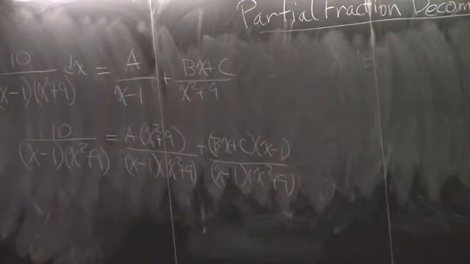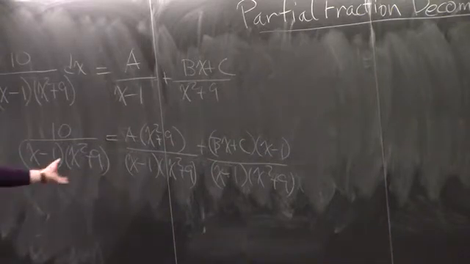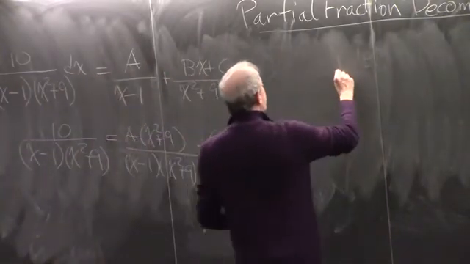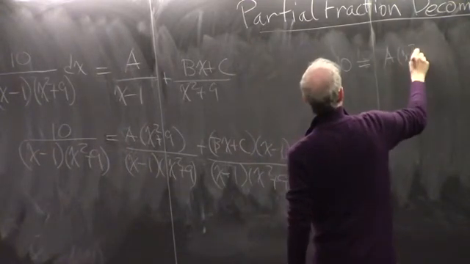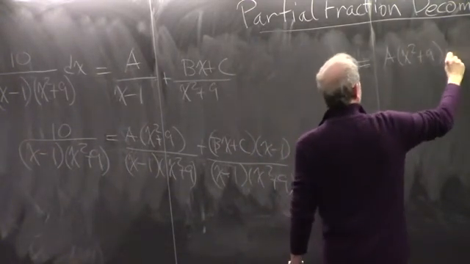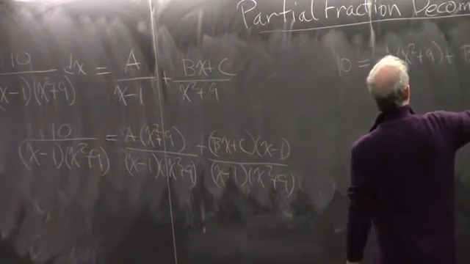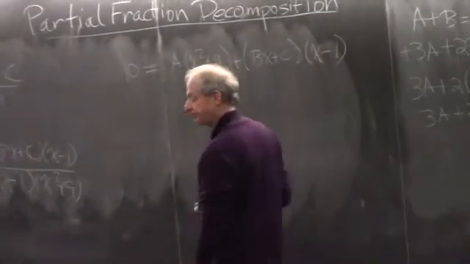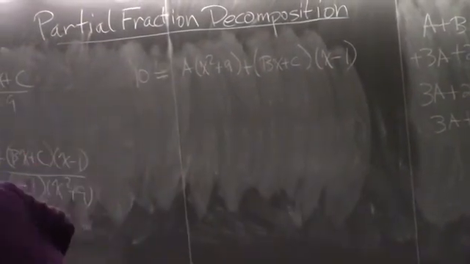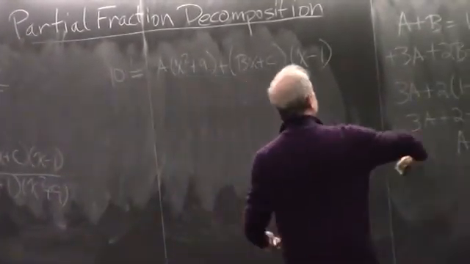So again, the numerator is slightly different on one of the rational expressions. So throw out the denominators, and you get 10 equals a times x squared plus 9 plus bx plus c times x minus 1. And then we're going to have to do some algebra again.